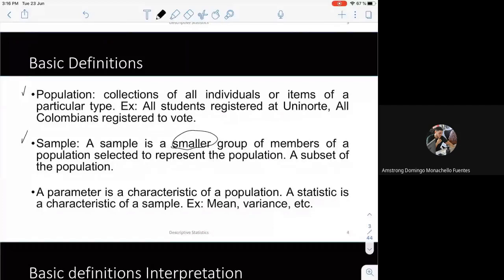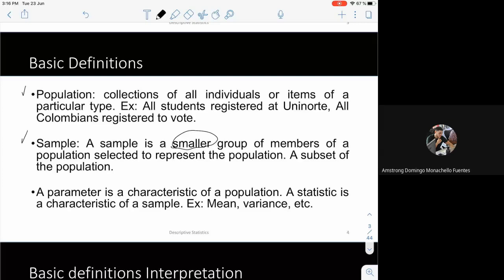That's normal, guys. For example, in political elections, like presidential elections, it is impossible for those companies to call every single Colombian citizen that is 18 or older and ask them who their favorite candidate is. That's just impossible. So what they do is collect a sample.